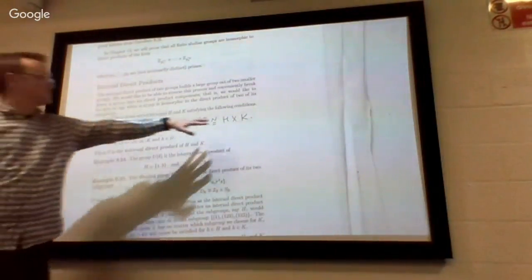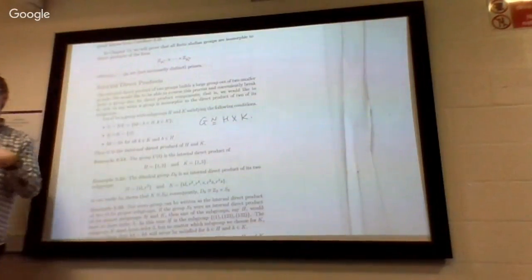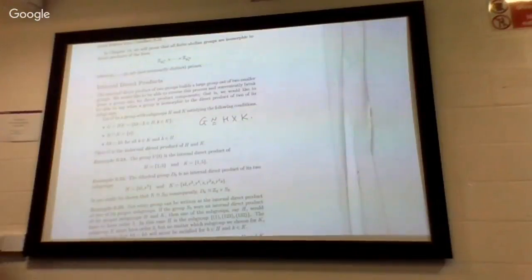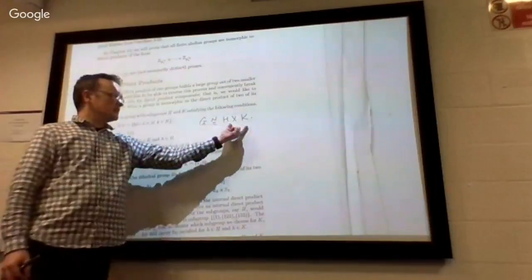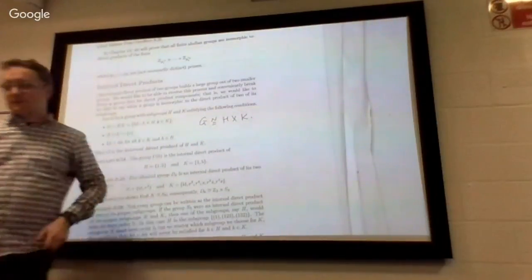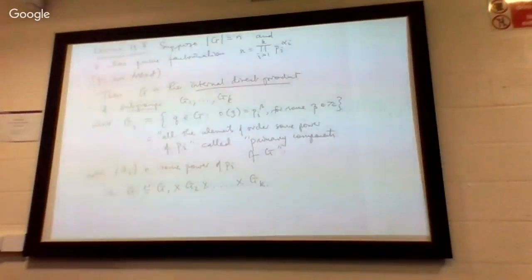Because they're subgroups of G to begin with, we refer to it as an internal direct product: a direct product made of stuff within G, internal. So this is for recognizing when a big group can be conceived of as a direct product of certain other subgroups. And that's what we're going for with this level.